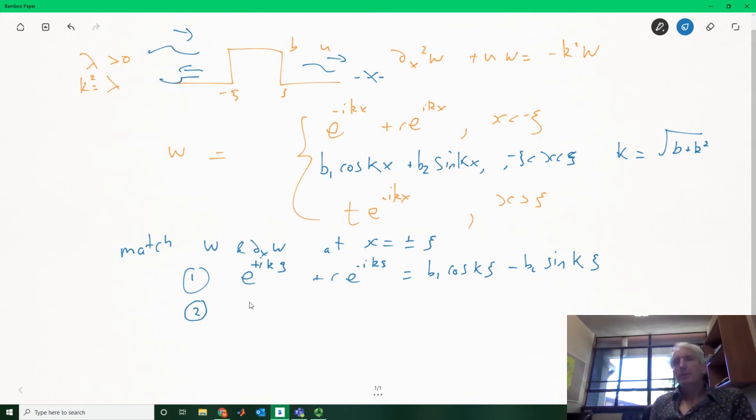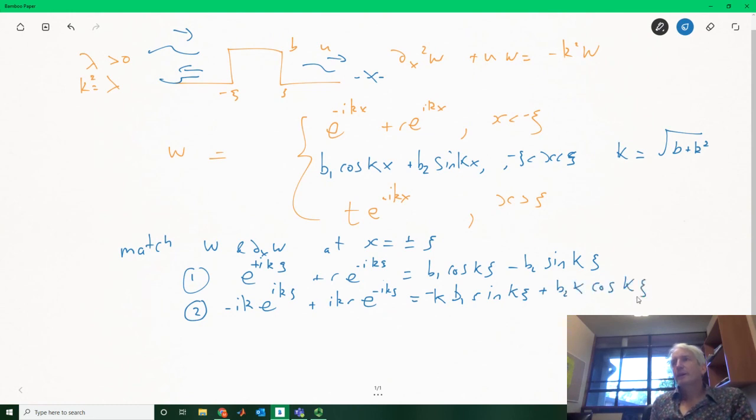So then we match the derivative, so we get, it's a bit confusing here, minus ik e to the ik zeta plus ikr e to the minus ik zeta is equal to kappa times b1 times sine of kappa zeta, and this has got a minus, and plus b2 kappa cos of kappa zeta.